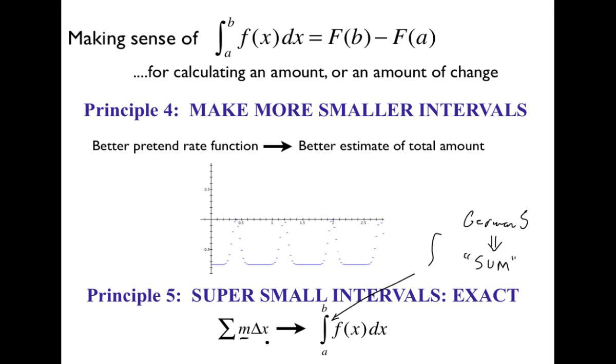When the intervals are really small, instead of thinking about individual rates, it's just the rate profile, the whole changing rate profile. That's what the function is. So this is our m, but it's like every single m.